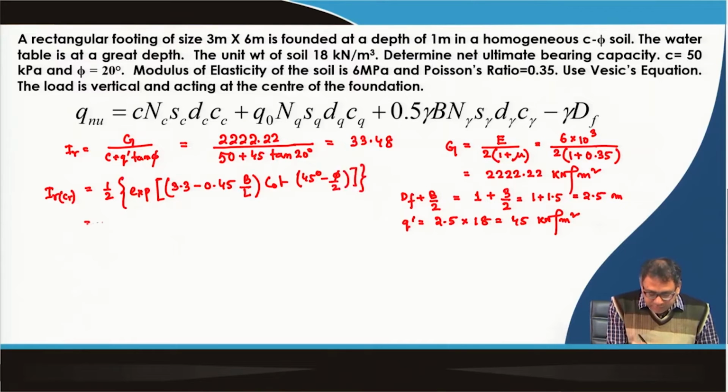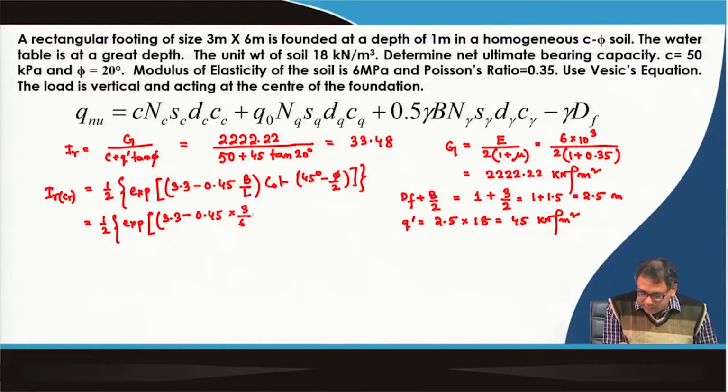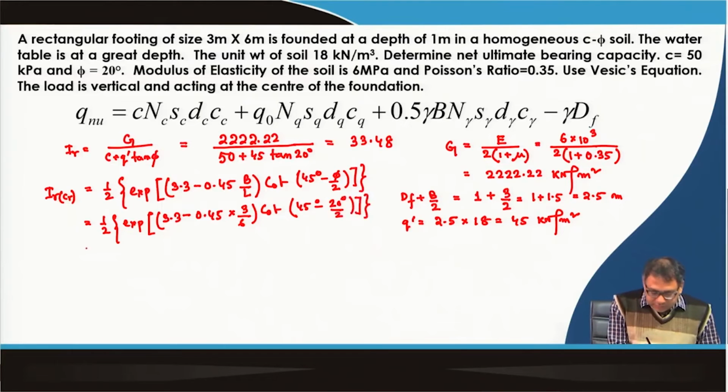So, I will put in the values: half, exp of (3.3 minus 0.45, B is 3 meter, L is 6 meter), then cot of (45 degree minus 20 degree divided by 2). So, this is coming out to be 40.38.